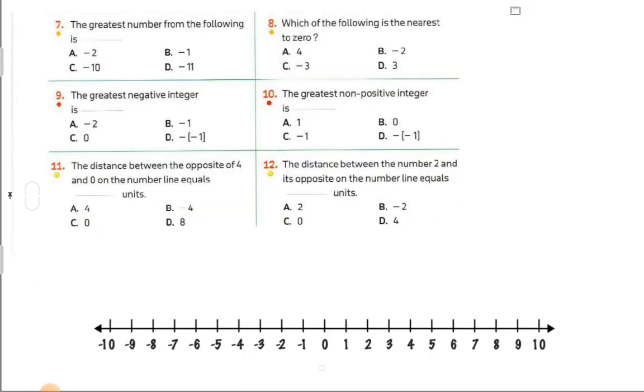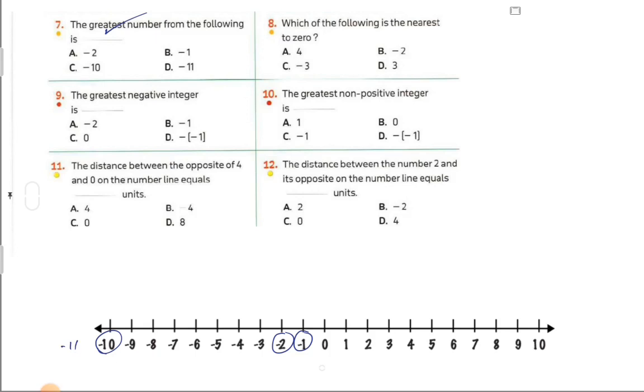Okay, the greatest number from the following. We need the greatest number. Look at the choices. All of them are negative. So from the negatives, we have negative 1, negative 2, negative 10, and negative 11.